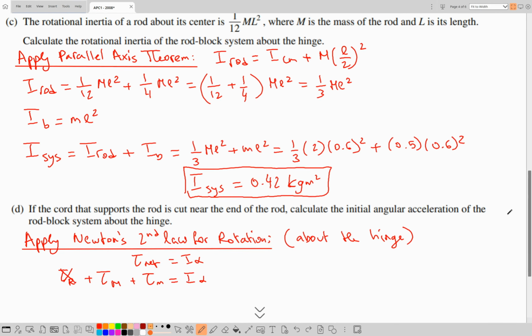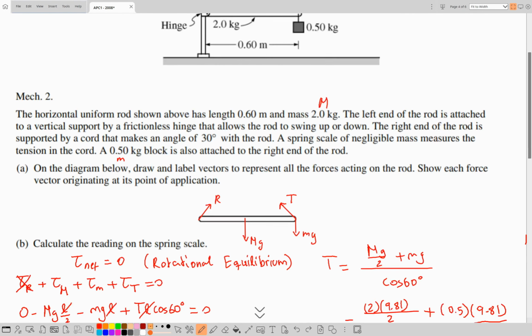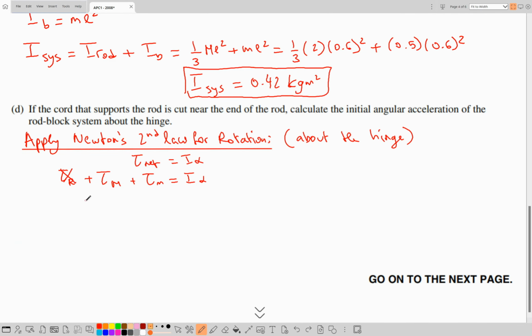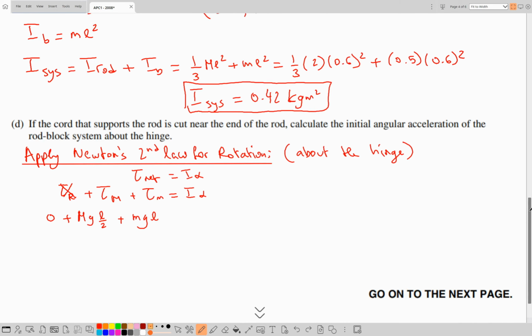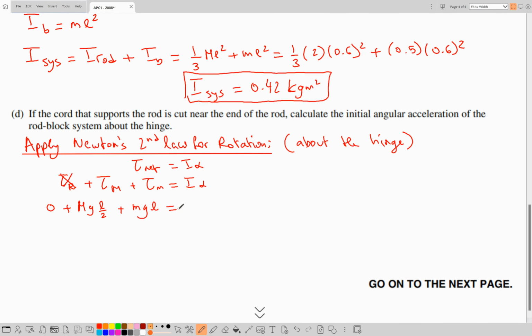Now both forces provided by the masses are being applied tangentially, so that would be 0 plus capital Mg, which is the force produced by the capital M, multiplied by L/2 because it's at the center of mass, plus small mg multiplied by L. And that would be equal to the rotational inertia multiplied by alpha.